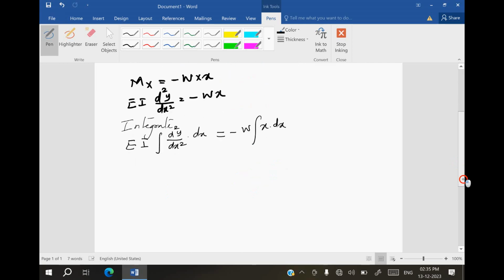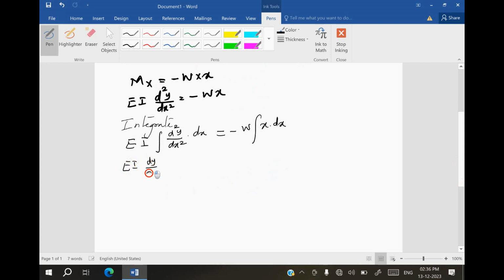When I do the integration, I will get EI dy by dx equal to minus W times x squared by 2 plus C1. C1 is a constant, which is the sum of the constants of the left side and right side put together. This is the resultant constant.